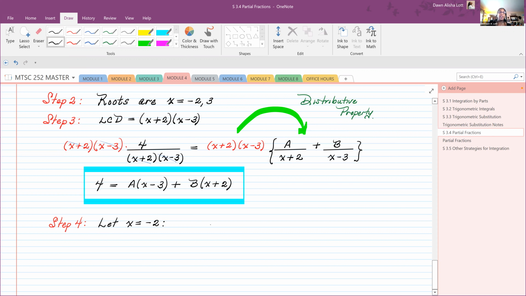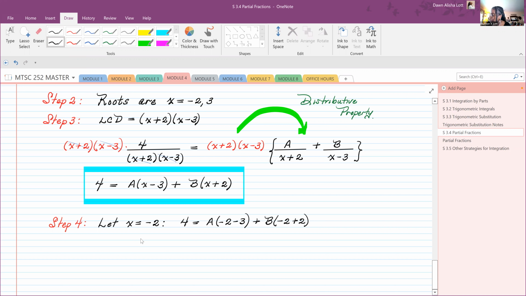When I put -2 into the major equation, the left-hand side stays 4. I get A times -2 minus 3 plus B times -2 plus 2. Oh, how nice is that? That's 0.